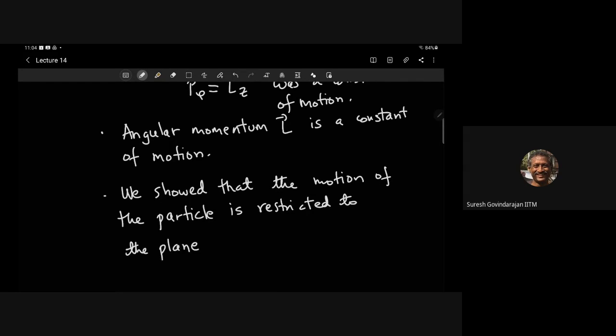What was the plane? The equation of the plane. Anybody remembers? R dot L equal to C. Okay, so this is what we did.